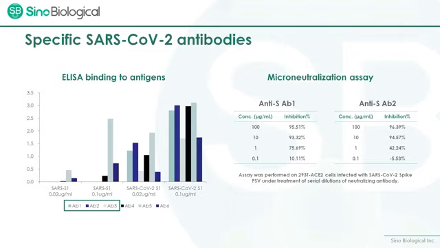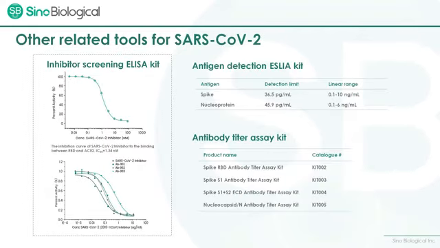Then we did the neutralization assays and found 2 antibodies which can neutralize the interaction between the pseudoviruses and the ACE2-expressing cells. So currently we have good quality SARS-CoV-2 antigens, and we also obtained several specific SARS-CoV-2 antibodies.